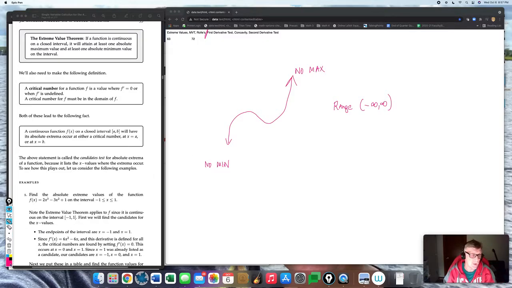However, if I draw a box around a portion of this function and we have a closed interval, say from x equals a to x equals b, okay, now there must be a largest y value and a smallest y value in that box somewhere, right?